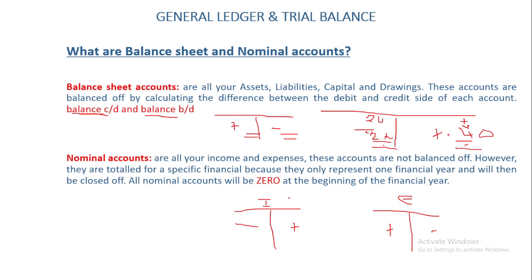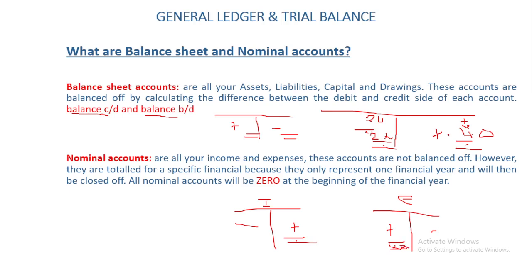If we're referring to the income account, we've got the sales account. Our sales are going to increase on the credit side, and therefore all the balances will be on the credit side, and then all expenses are going to be recorded on the debit side, and therefore we're going to have the total on the debit side.